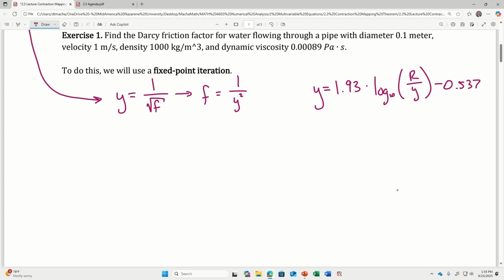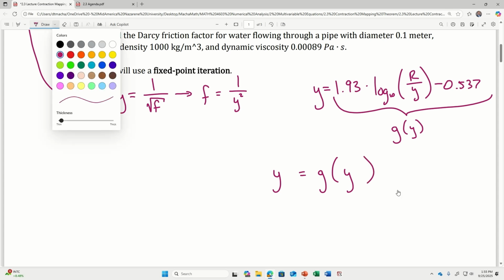And for this entire right side of the equation, I'm going to call this g of y. So I can write y equals g of y.